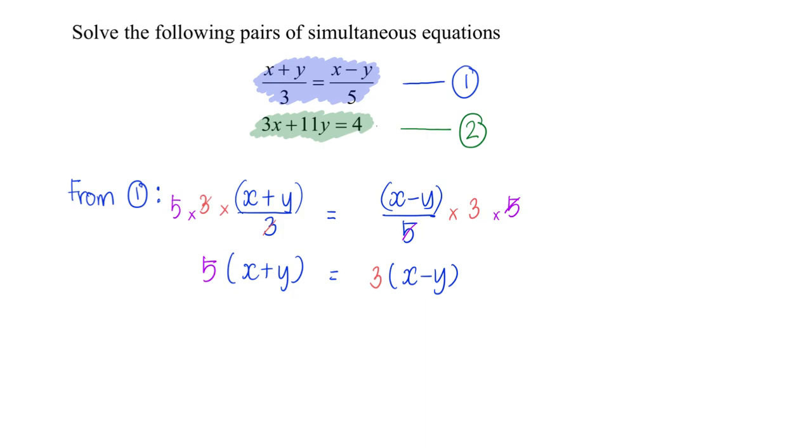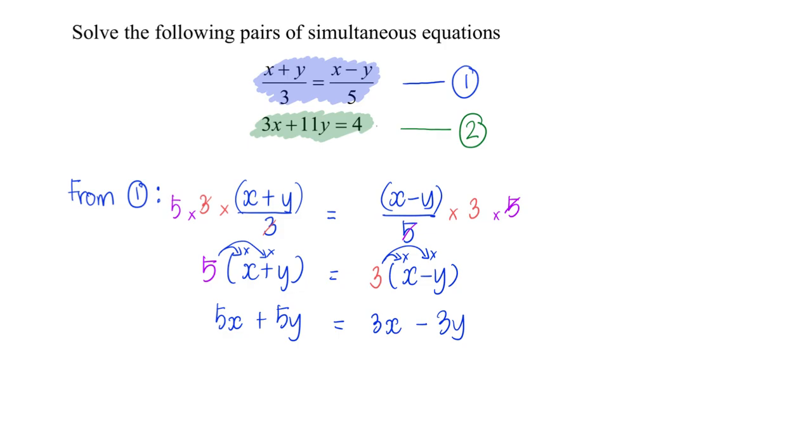After which, continue to simplify. Multiply, I will get 5x plus 5y equals 3x minus 3y, and eventually you will be able to get the following.